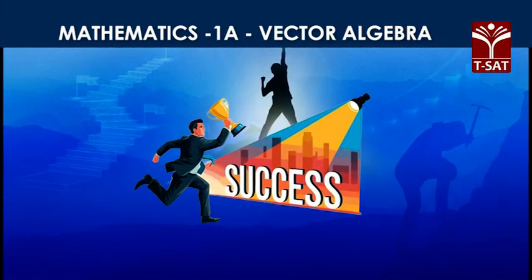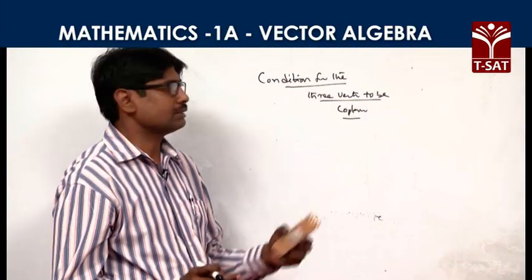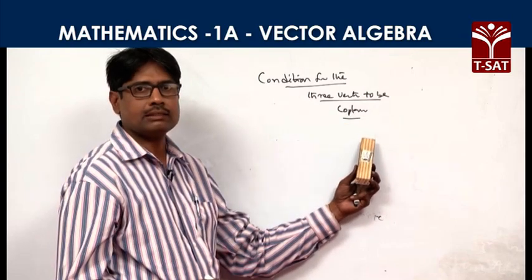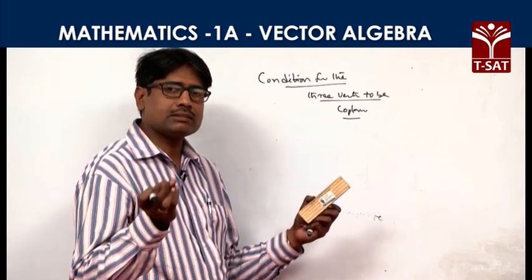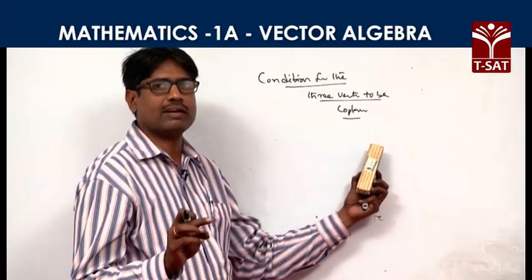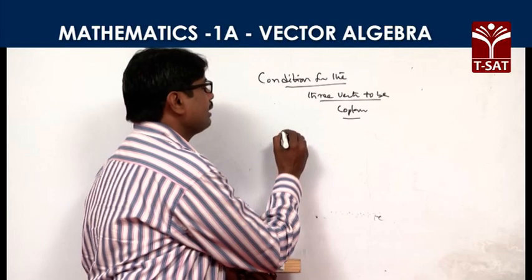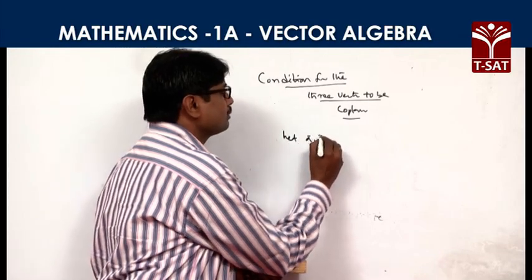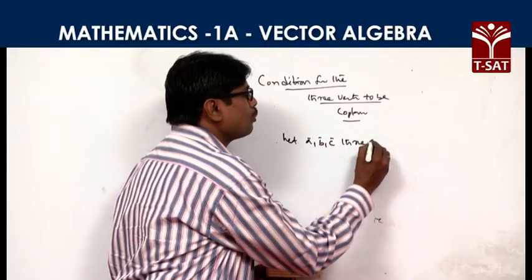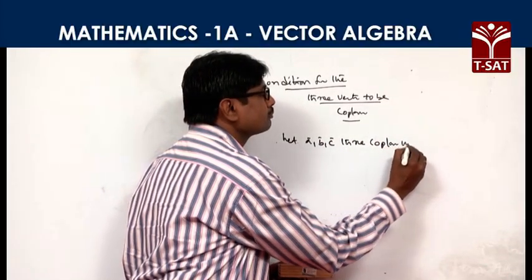Three vectors A bar, B bar, C bar are said to be coplanar vectors if one vector can be expressed as a linear combination of the other two uniquely. Let A bar, B bar, C bar be three coplanar vectors.